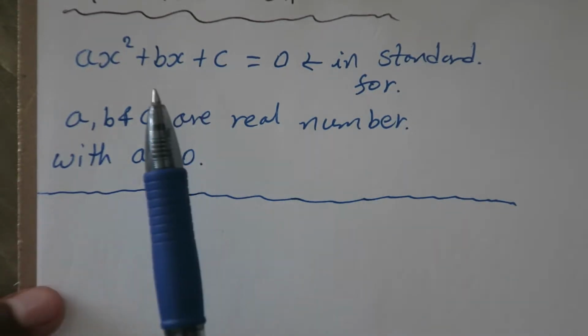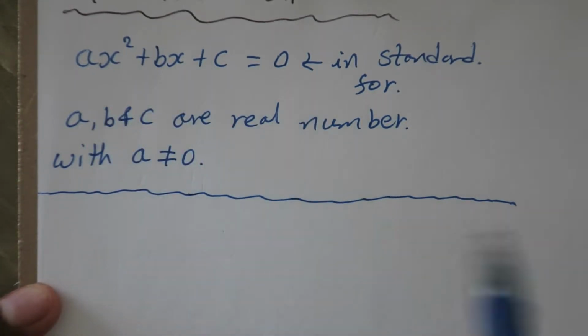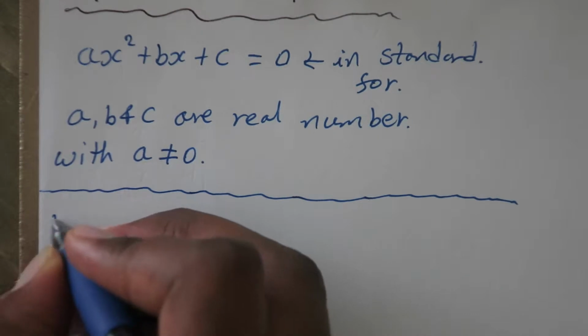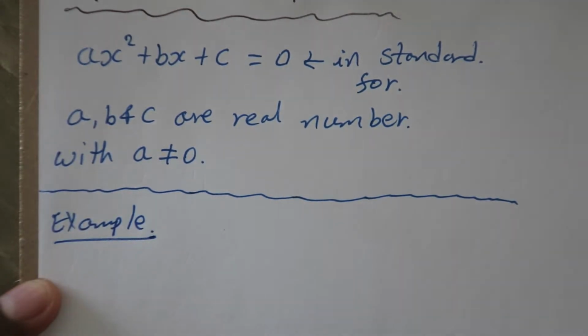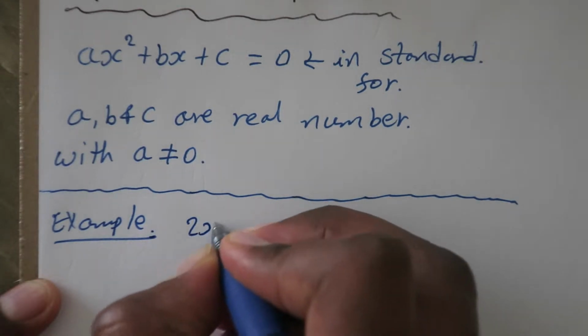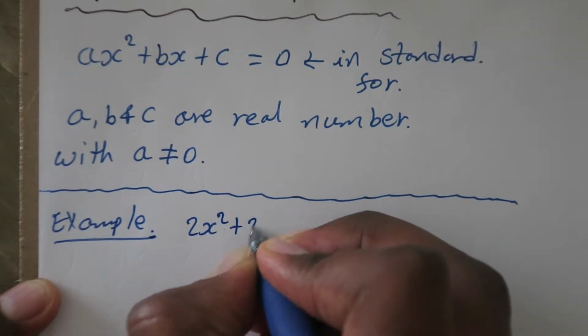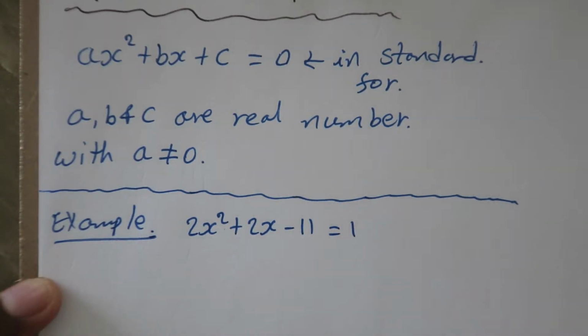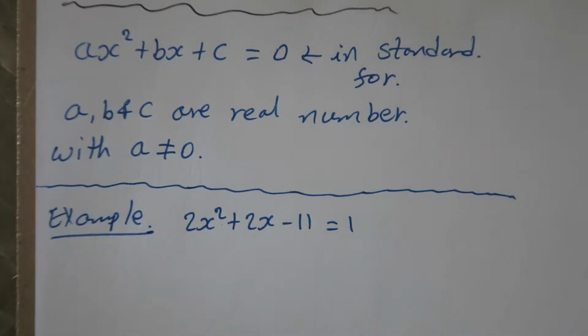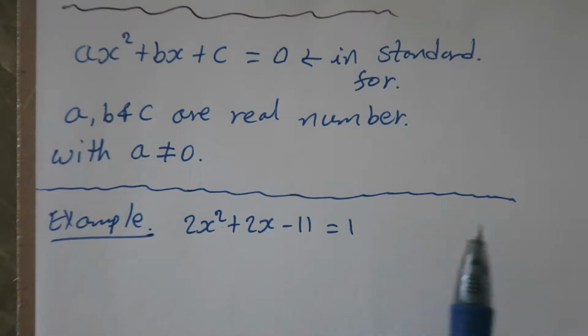So if we have a quadratic equation that's written in this form, for example, 2x squared plus 2x minus 11 equal to 1, is this a quadratic equation? Well, first of all, it's a quadratic equation.